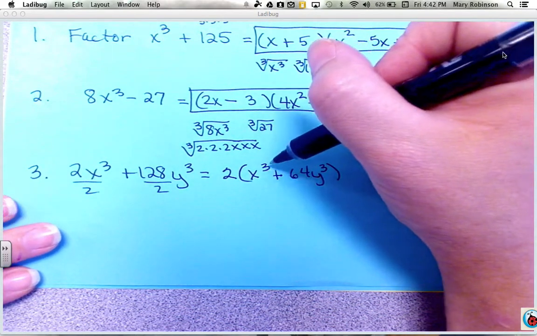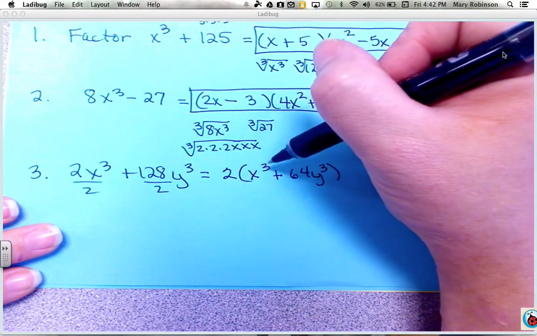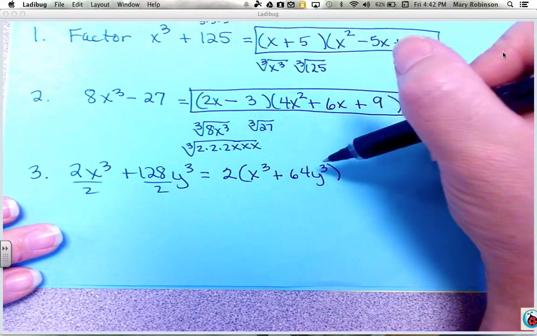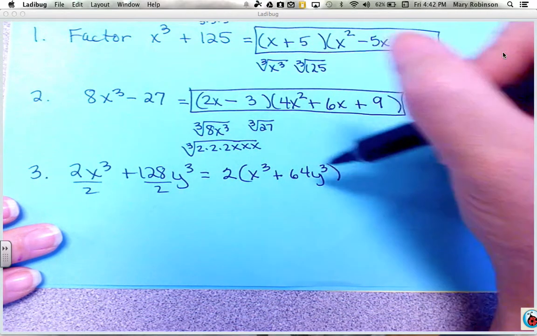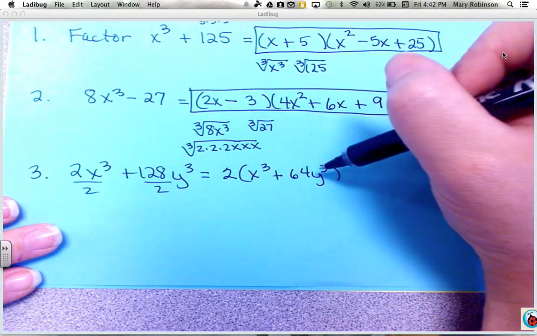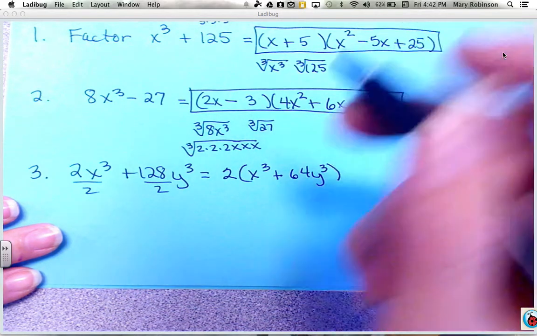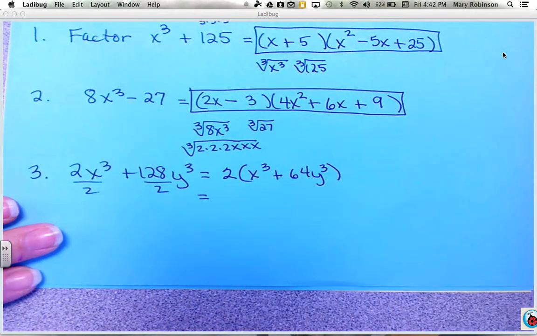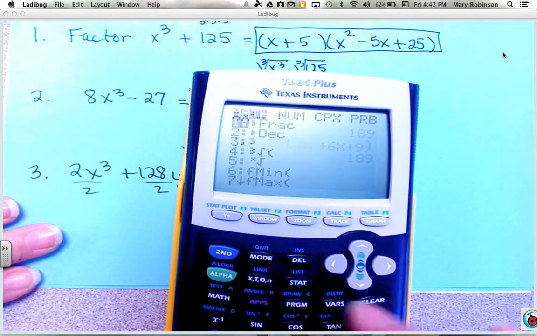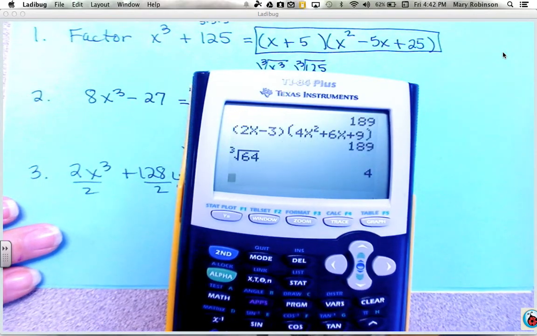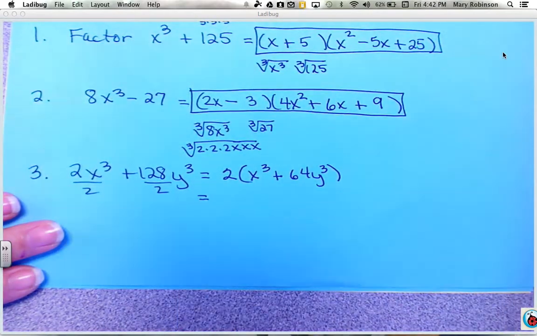So as long as we have multiples of 3, so that could be x to the 6th or x to the 9th or y to the 12th, we can take the cube root of that. However, our coefficients, this understood 1 and this 64, should be perfect cubes. So since they are, hopefully you remember the cube root of 64. If not, remember you can go to Math 4, type in 64, and yes, it is a perfect cube. It's going to be 4 times 4 times 4.